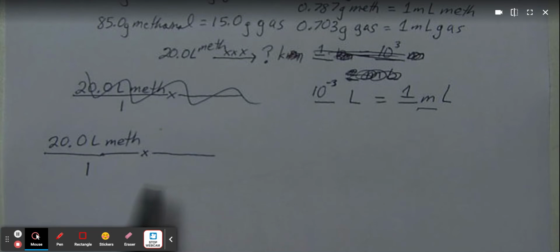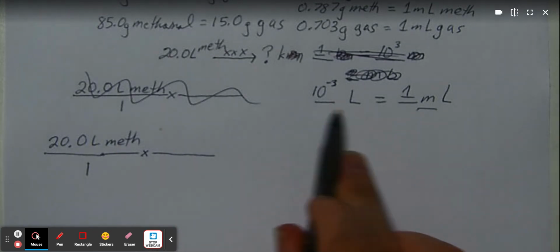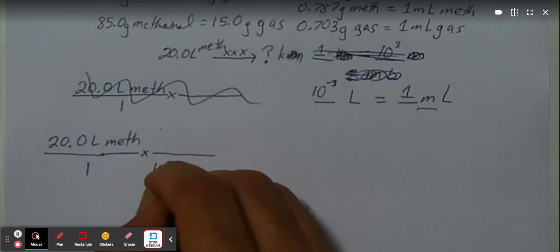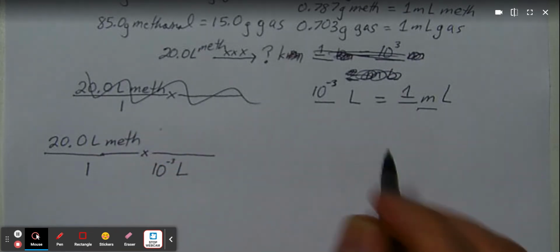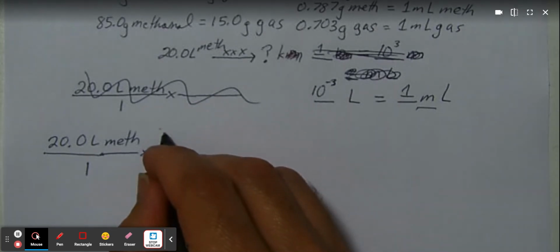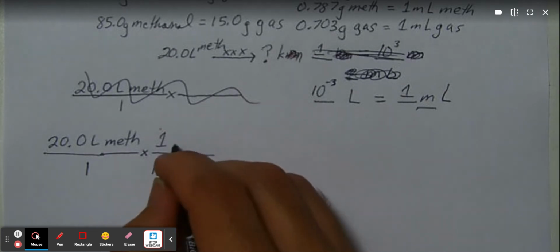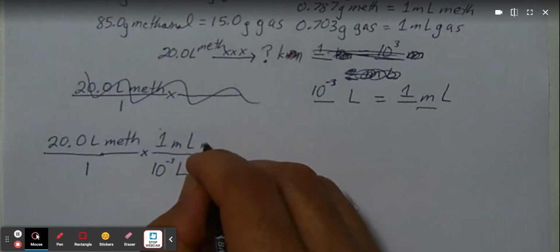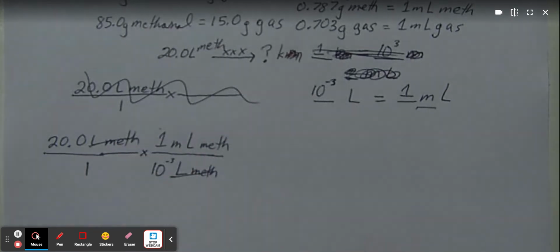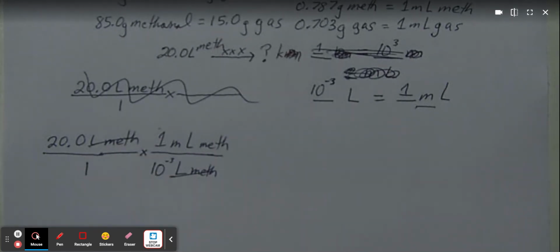Since I have liters of meth on the top, I'm going to use this 10 to the negative 3 liters of methanol, and then I'm going to put 1 milliliter of methanol on top. So liters of methanol cancel out, and now I have milliliters of methanol.